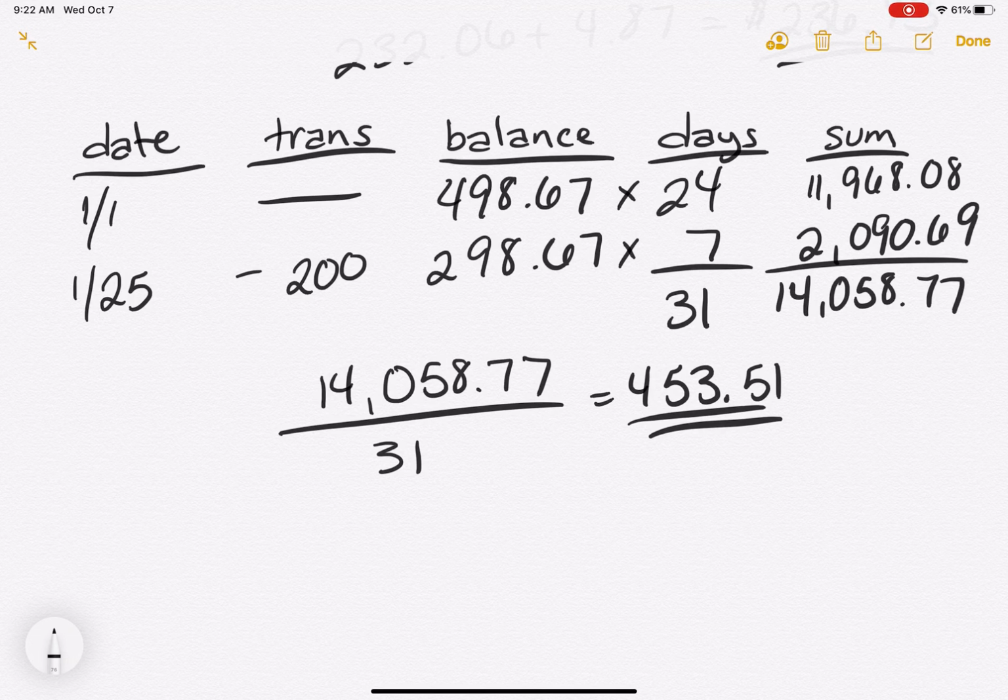So I equals PRT. 453.51. What is the R? 1.5, so 0.015, and that is the monthly periodic rate. How many months do we have? 1 month.